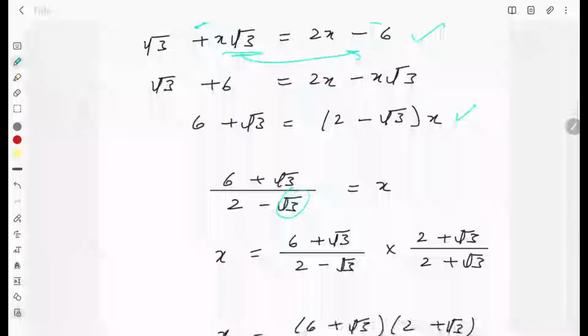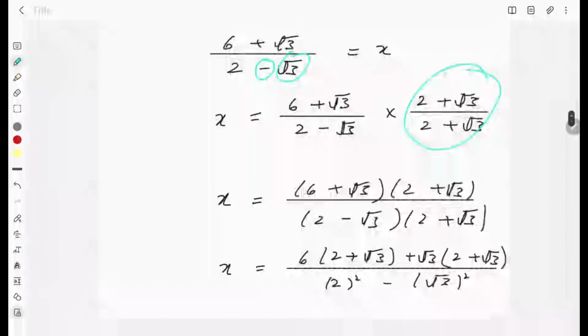There is a surd sign in the denominator which is not allowed, so we have to get rid of it. The same method, change this sign and multiply and divide. So 2 plus under root 3 over 2 plus under root 3. This is the thing. Numerator gets multiplied by the numerator and denominator gets multiplied by the denominator.